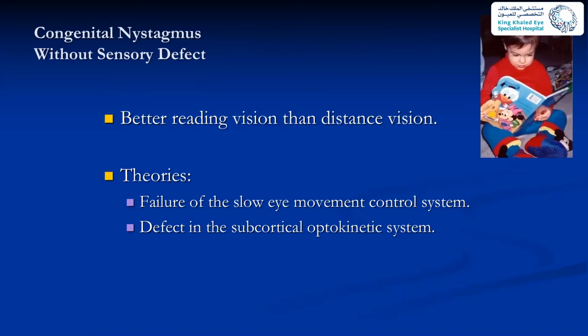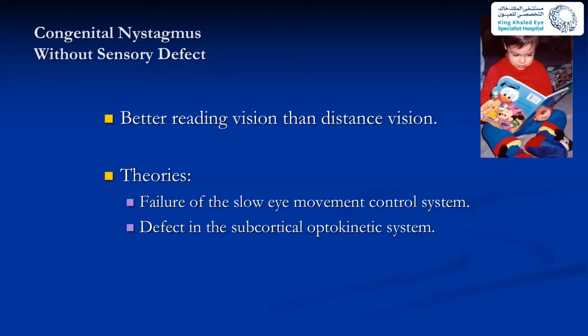What about if you do the full examination, including electroretinogram and visual evoked potential, and everything is normal? So you don't have anything except this abnormal eye movement. Of course, we have to evaluate the patient by pediatric neurology, to be sure he does not have any other neurological deficit.